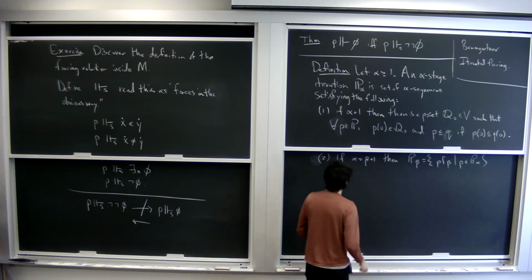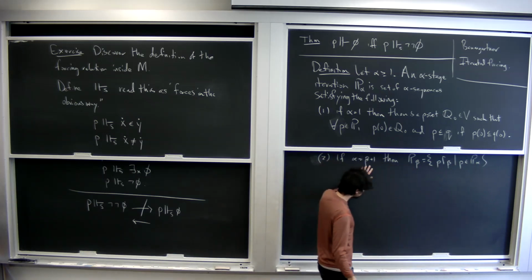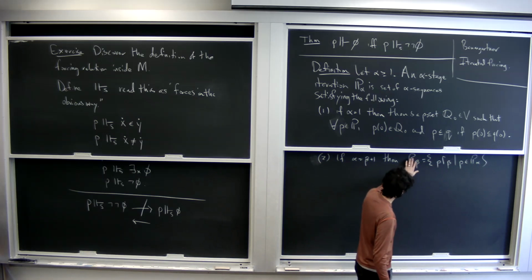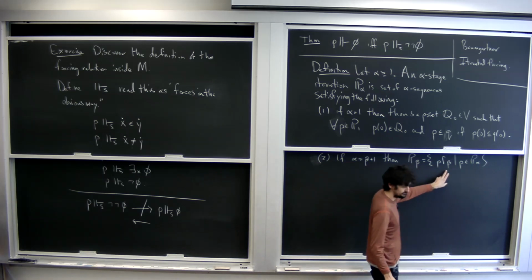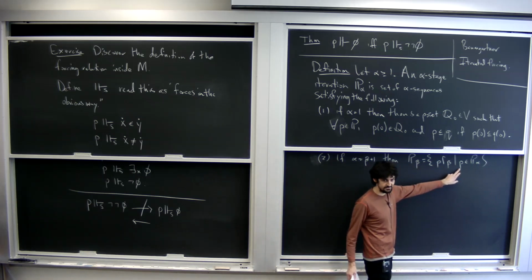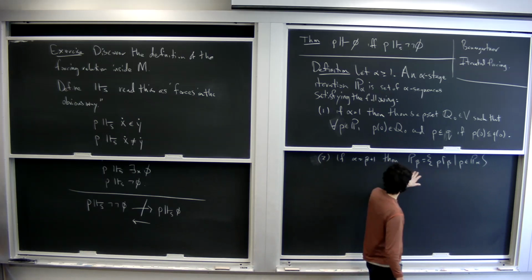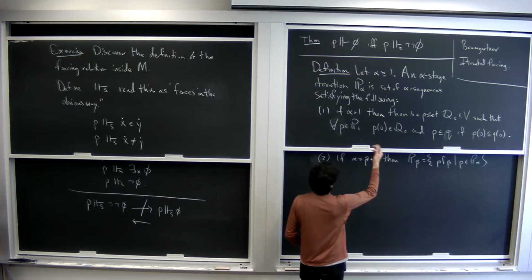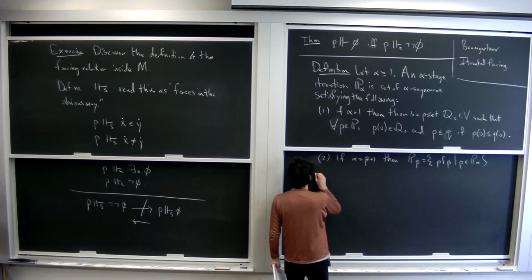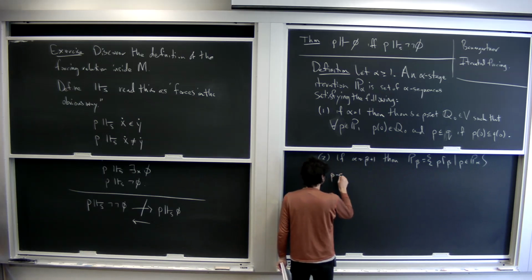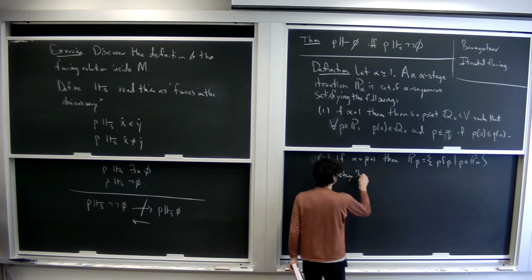Okay, so at the successor step, if I take my sequences and cut off the last element, that should be a beta stage iteration that I know the definition for, because of induction.